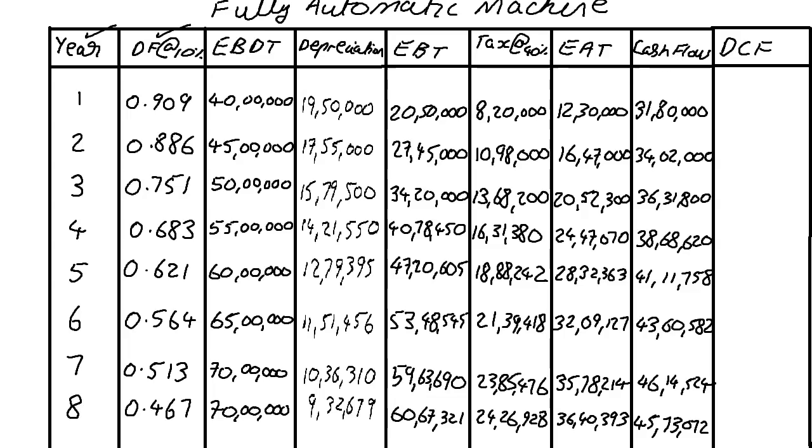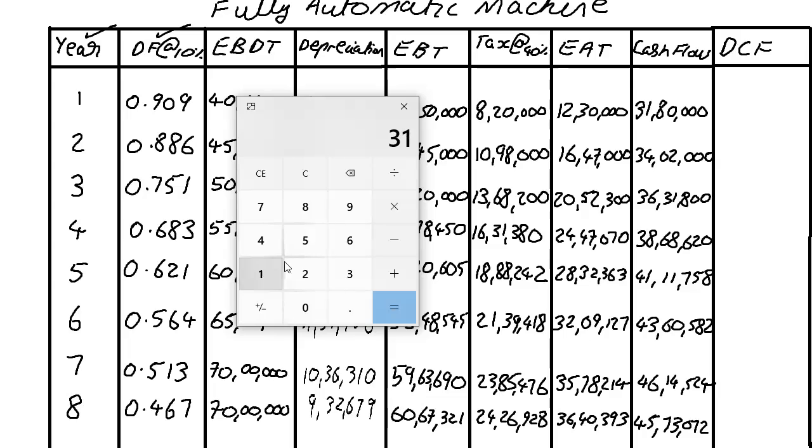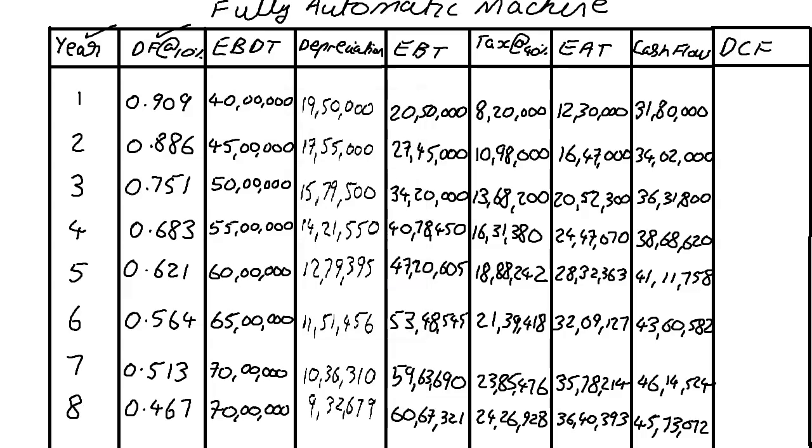So 31,80,000 into 0.909 gives us 28,9620. And once we have that, we can calculate for all of them.